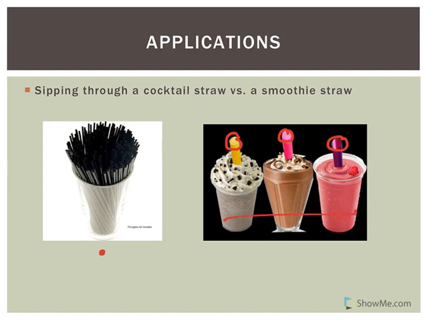It'd be hard to suck that stuff up, so we have to have a larger radius. So the larger radius is going to have less resistance and so be able to increase flow. So this is looking at radius.